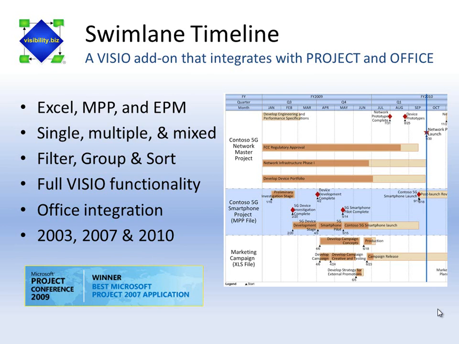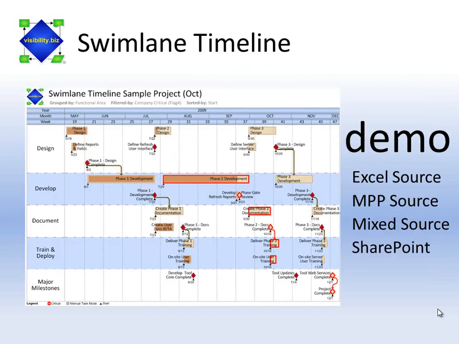It supports Visio Project in Office version 2003, 2007, and 2010, and we're the proud recipients of the winner for the best Microsoft Project 2007 application at the 2009 Project Conference, and more recently, a finalist for Microsoft Partner of the Year in 2010.